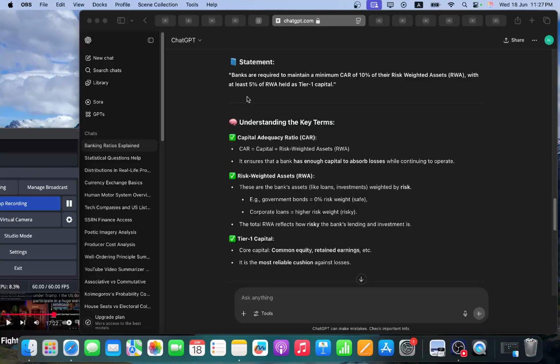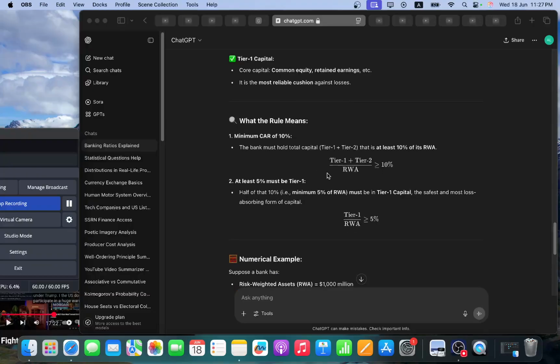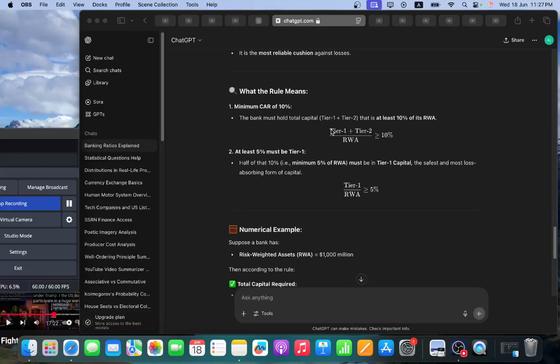Okay, the statement: banks are required to maintain a minimum CAR of 10% of the risk-weighted asset, RWA, with at least 5% of RWA held as tier 1 capital. To understand just this much, the 10% requirement of CAR is basically this, and at least 5% must be of tier 1. So the 10% is basically tier 1 plus tier 2.